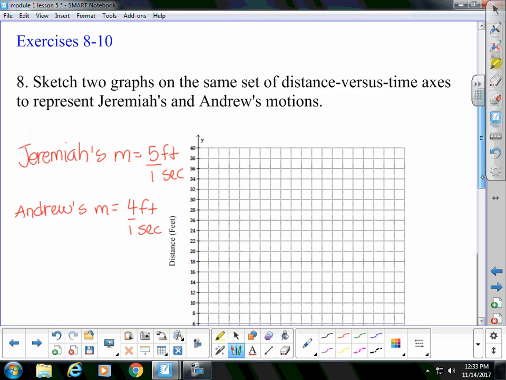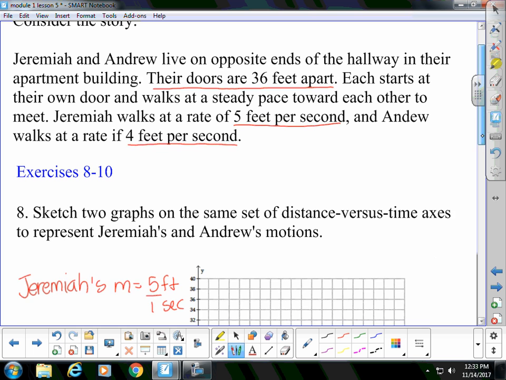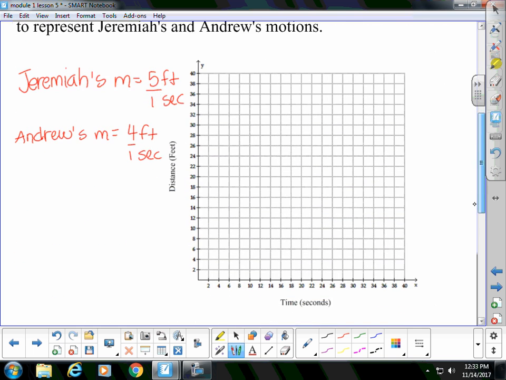Okay, and the other piece of information that we were given is that the doors are 36 feet apart. So that means one has to start at 36 and the other one has to start at 0. So I'm going to put Jeremiah at the bottom of the graph. It really doesn't matter.